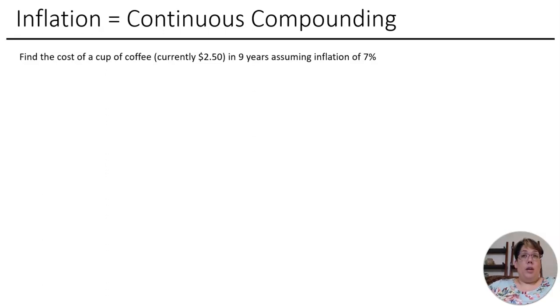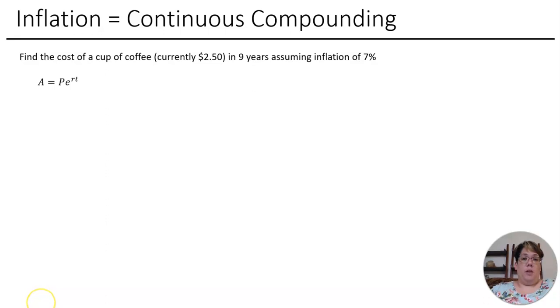There are a couple of them where you use the future value with just regular compounding, and if it doesn't say continuous compounding, you should know it from the problem. But on this one, we're going to use continuous compounding.